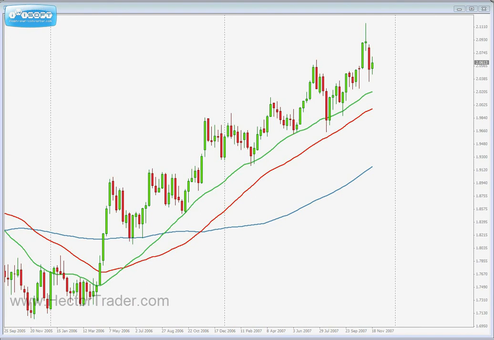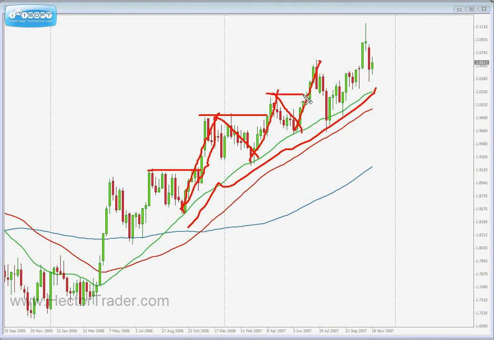It's always important to make sure that upon every bounce off the dynamic area of support, we score new highs. We breach the previous high, then we have a retracement, we bounce off that area and we score a new high. Another retracement, off it goes, scoring new highs.